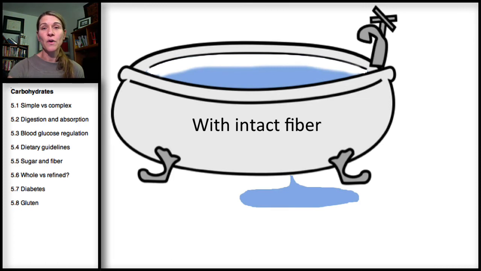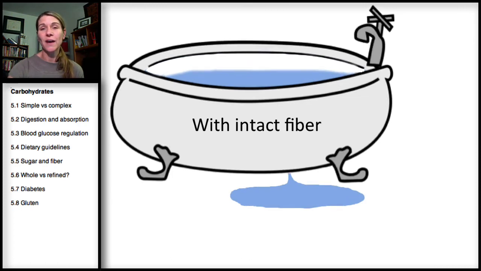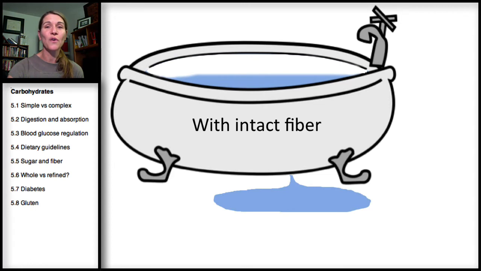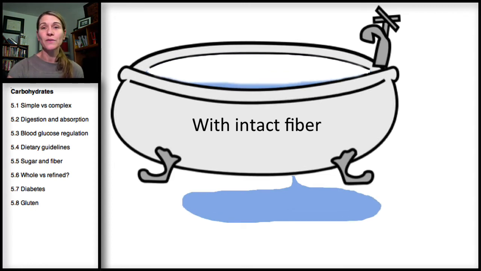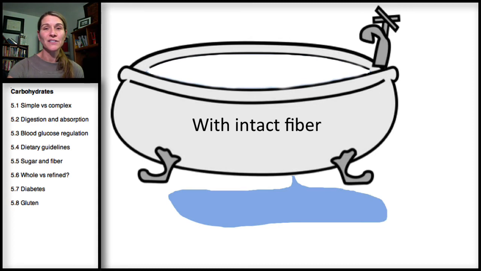We can have both a soluble and insoluble fiber working together to slow that glucose from absorbing into the bloodstream. So it's more in a steady state. It's just like the drain in the tub and the water. The water is going to come out much more slowly if you have the drain in place and working together with the gel and the hair. So that's a good analogy to compare to your absorption of glucose.